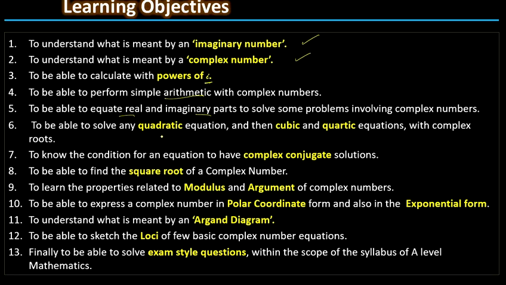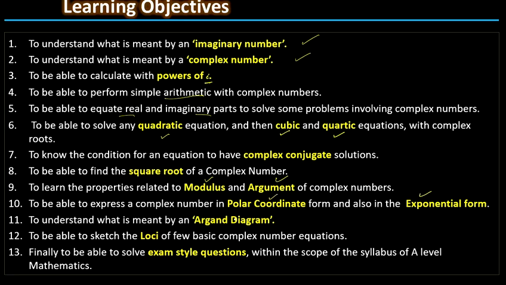Then we need to solve quadratic, cubic or quartic equations, maximum up to degree 4, with complex roots. After this, the concept of complex conjugate, the square root of a complex number, the concept of modulus and argument, and another way of writing a complex number, not just standard form but polar coordinate and exponential form.